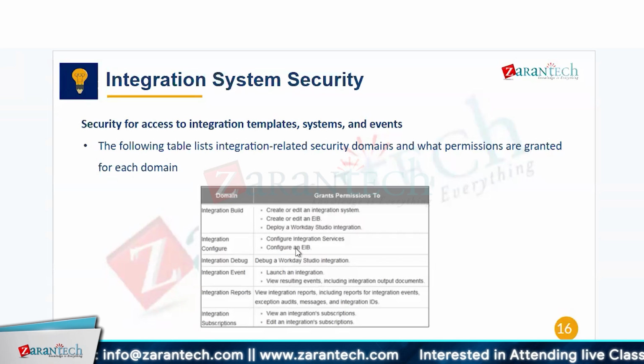So these are the minimum security requirements for your access to work on an integration. That is called integration build, integration configure, integration debug, integration event, integration support, and integration subscriptions. Okay, so these are the minimum permissions that you need access to.